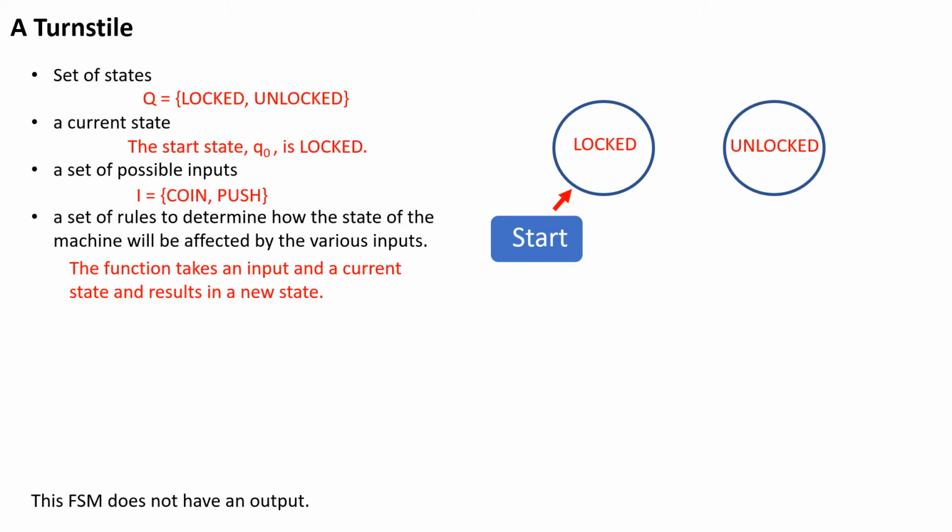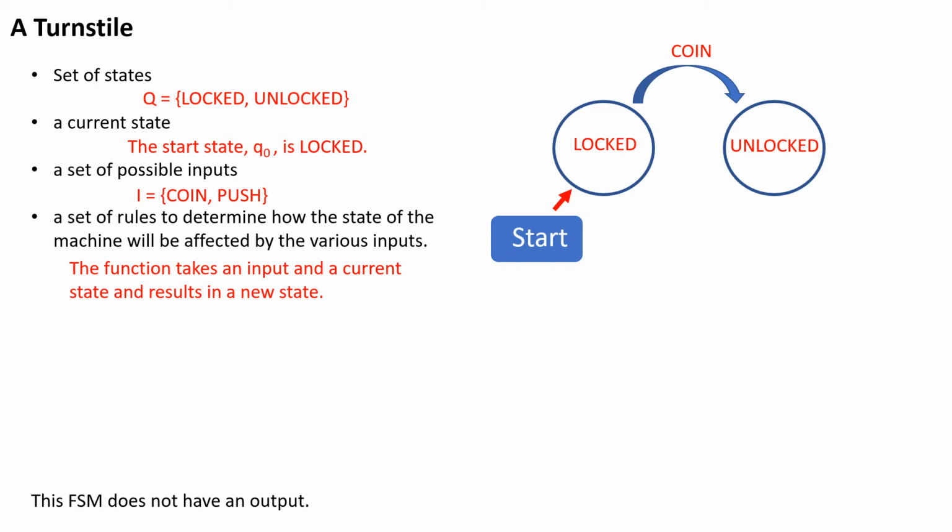Then we're going to start needing to represent what happens when we put in some input. So here's what we would do. We would put this little arrow up there representing what happens when we put in a coin. So we've said that if you put in a coin, the turnstile becomes unlocked, and then later you can go on through. So we'll have an arrow from locked to unlocked with coin up here, saying that if I put in a coin when the turnstile is locked, then the new state is going to be unlocked.